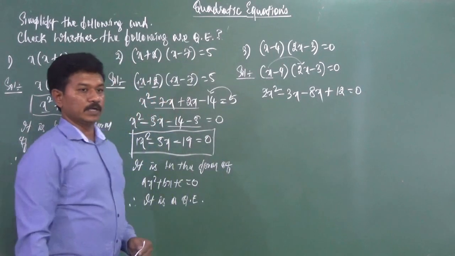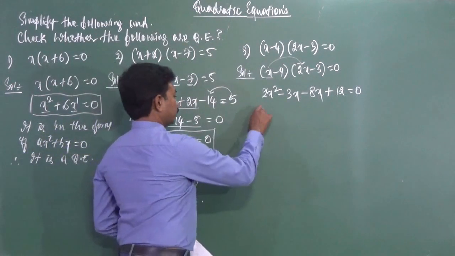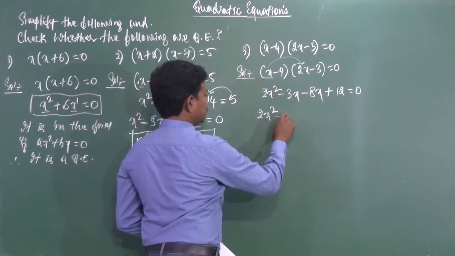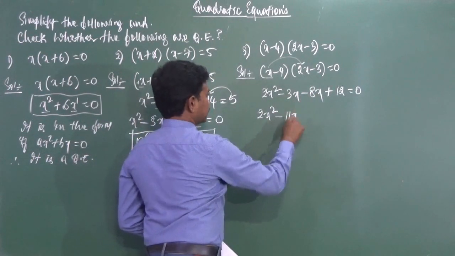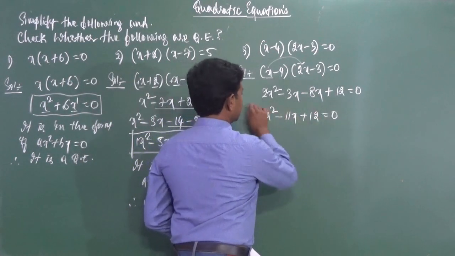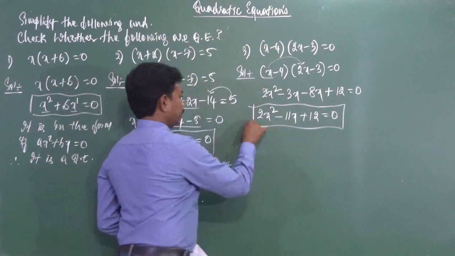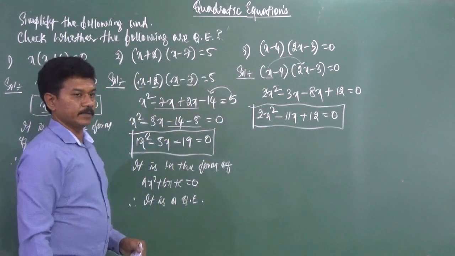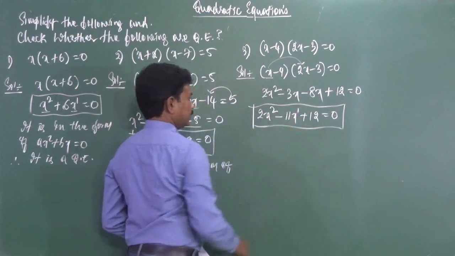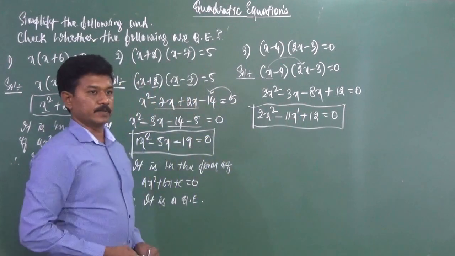So we can find two like terms here. So 2x square minus 3x minus 8x is minus 11x plus 12 is equal to 0. So this is in the form of a quadratic equation, right? So here the variable exists in degree 2 as well as in degree 1. Therefore it is an affected quadratic equation.